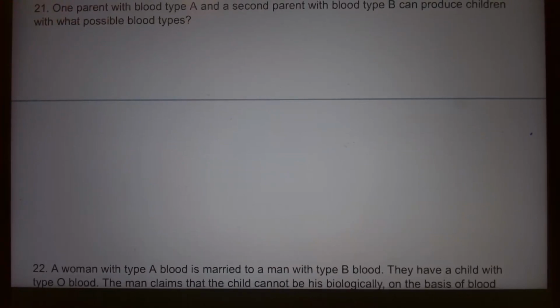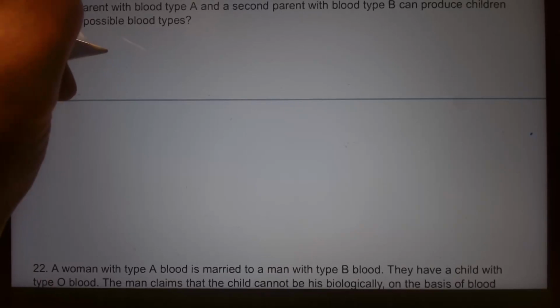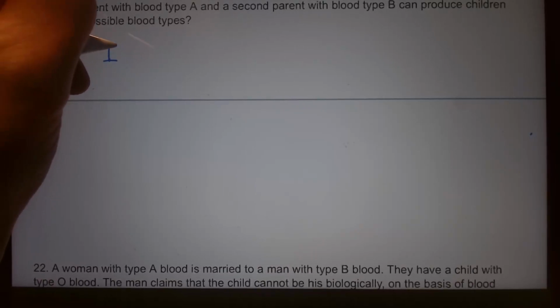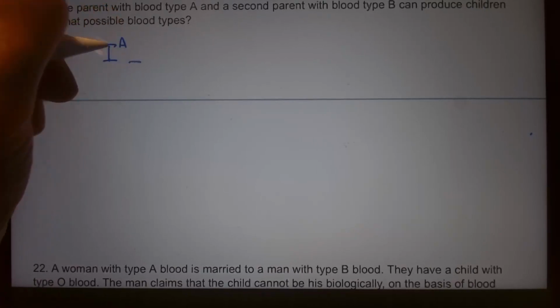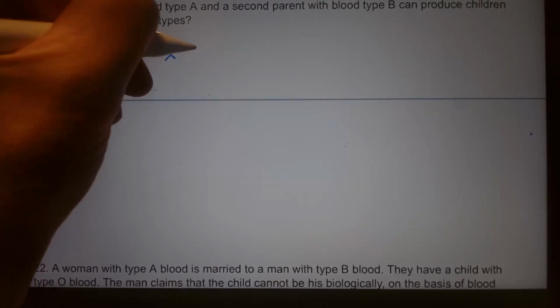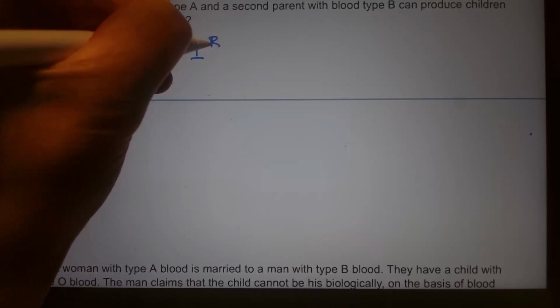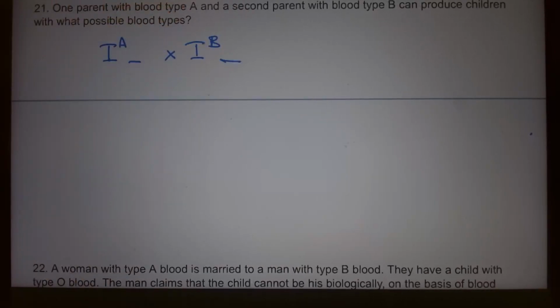21. One parent with blood type A and a second parent with blood type B can produce children with what possible blood types? Now, we can have one parent who is A and something, and we cross it with a B parent and something.